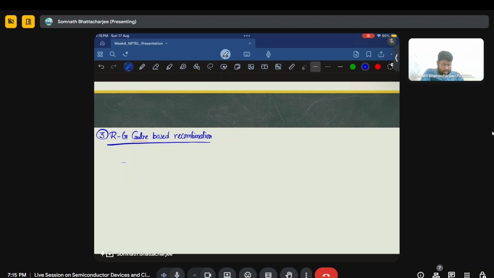In this case we have our conduction band here, our valence band here, and the basic things happen here as well. So we'll have a few electrons here, a few holes here as well, and based on these holes there are a few electrons in the conduction band.